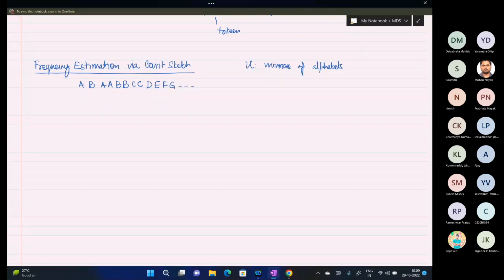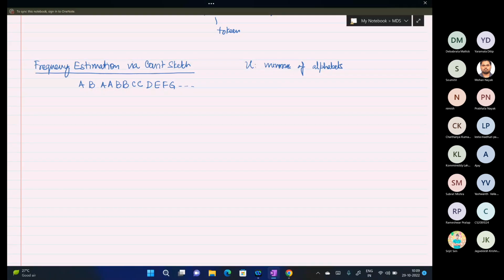Our input will be a stream of letters, and our aim is to summarize this stream in a very small sketch, such that using that sketch we should be able to correctly estimate the frequency of a given query item. Is the problem setup clear? We saw the same problem in our previous class as well.